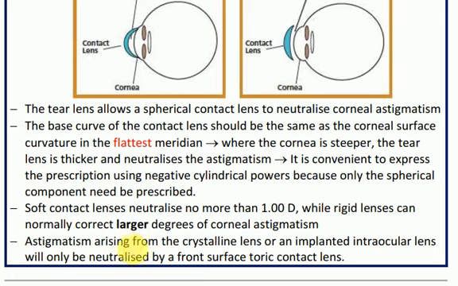Astigmatism arising from the crystalline lens or an implanted intraocular lens will only be neutralized by a front surface toric contact lens.